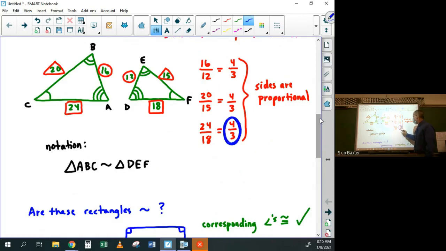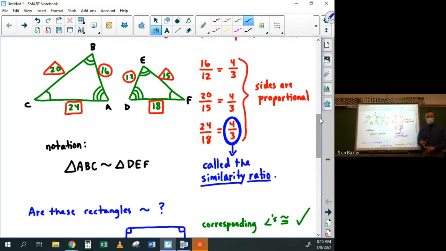That ratio right there is called the similarity ratio of the two figures. Sometimes they'll say, are the two figures similar?